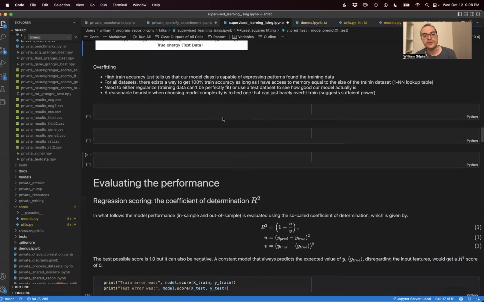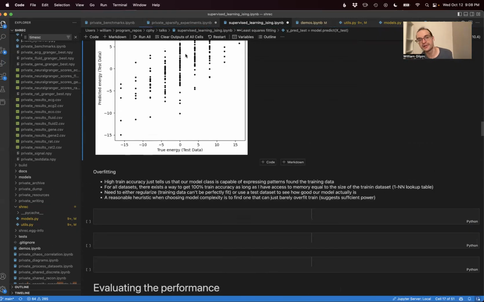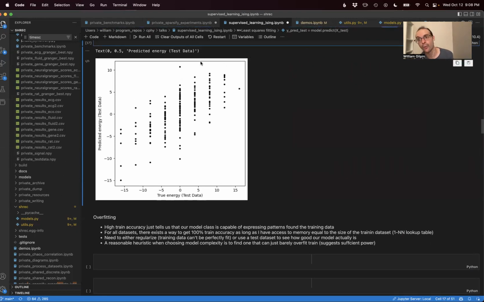Okay, so before I get into ways you might be able to do this better, I'll just mention that I might want to try to quantify performance, right? Because I sort of pointed at this picture and said, oh, that doesn't look very good. There are a lot of different ways you could score how well your prediction is doing. You could imagine, for example, finding the mean squared error between the true and the predicted. That's something that we've done before.